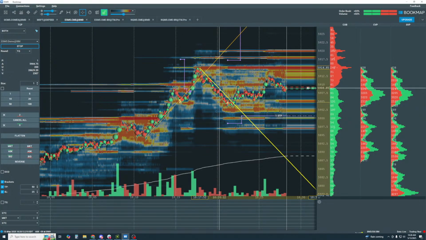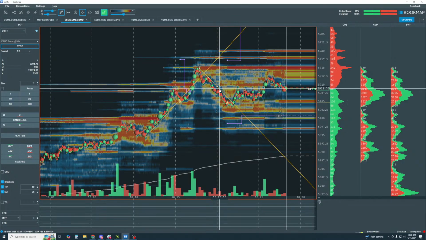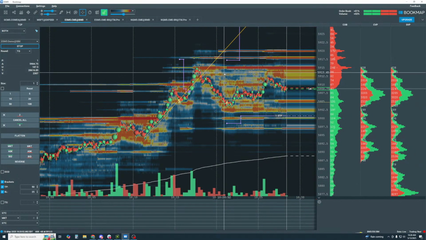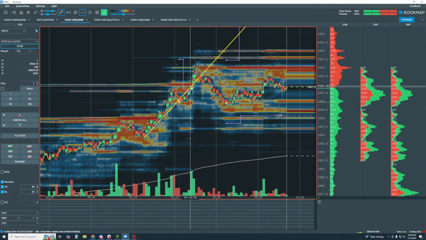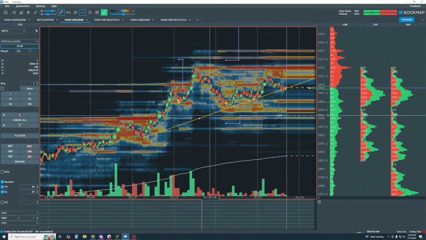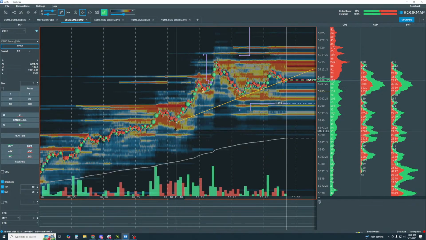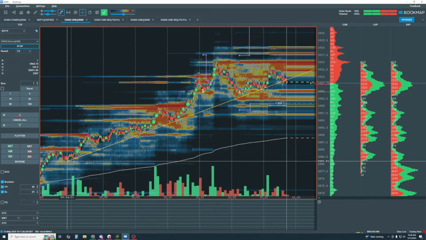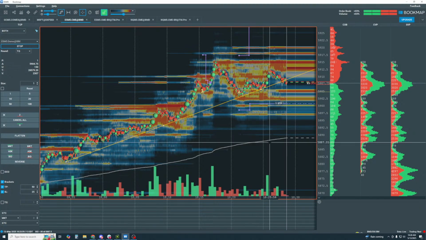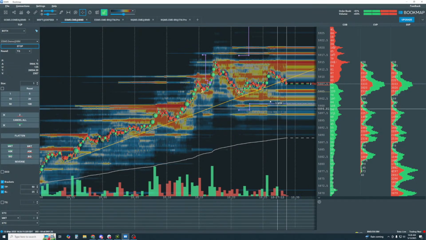Hold on a minute. Let's get rid of this one. In fact, we can also adjust this one. This one broke, but we can go with a bigger trend now. And that's being tested right now. So we'll see.